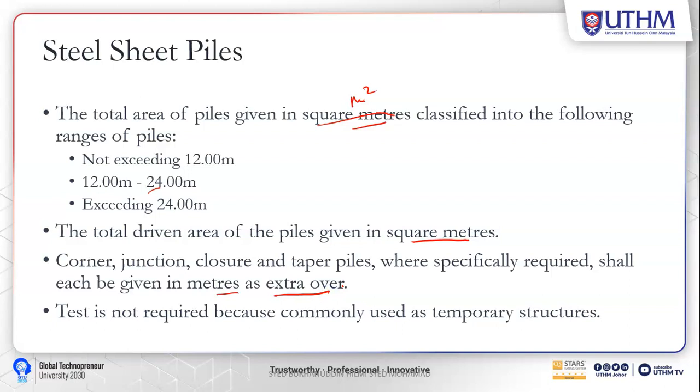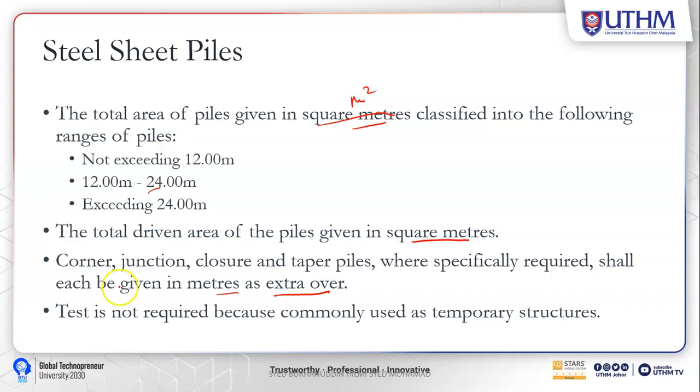So class, before we do all of this quantity measurement, please go and try to find any notes or technical information before we start, because we need to know the detail of the piling work construction.